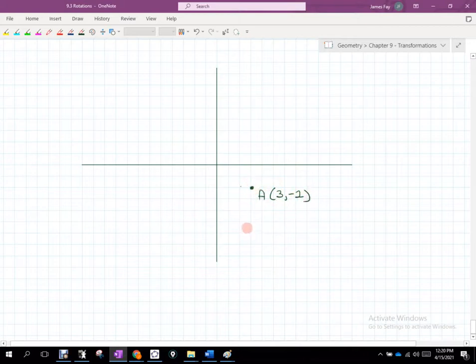And let's put B down here at 1, 2, 3, 4, 1, 2, 3, 4, 5, 6. So -4, -6. Okay. And it doesn't have to be to scale. But we're going to take that segment and dilate it. Okay.